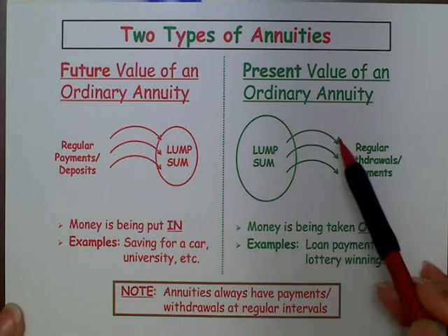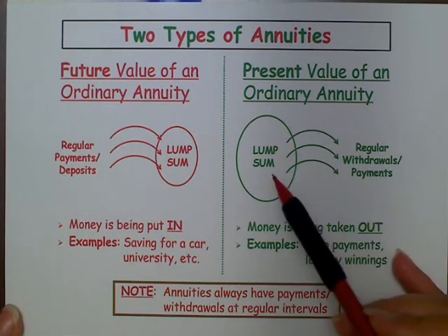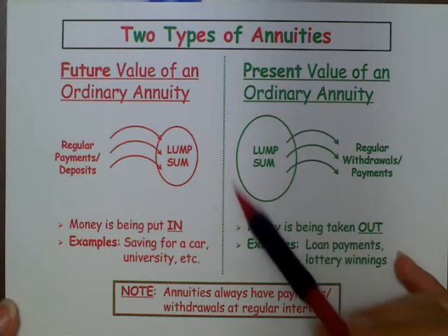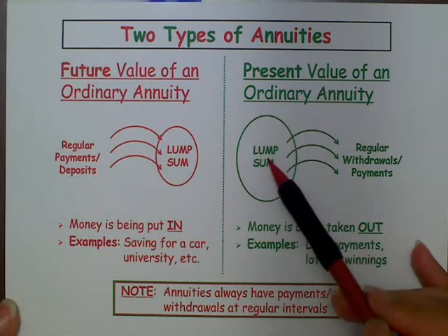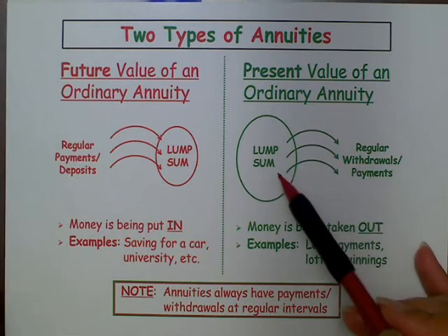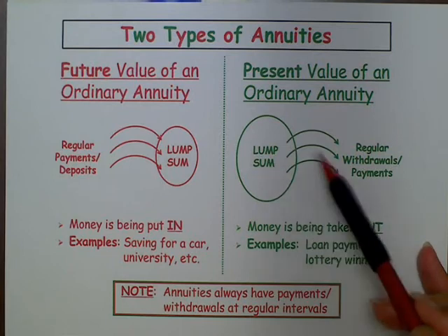Present value of an annuity, on the other hand, is when you already owe or already have a lump sum of money right now. The money is presently here, and you're either paying your loan, decreasing the amount of the lump sum, or you won a lottery and you have a large sum of money, and you're taking small bits of it out.